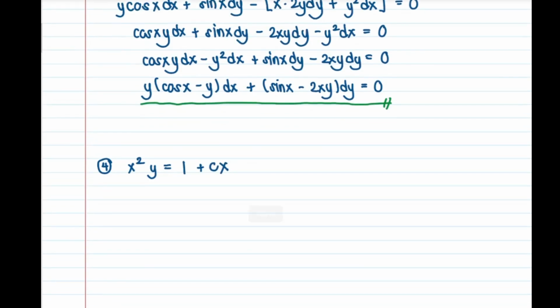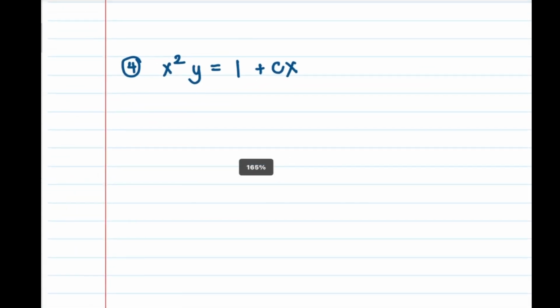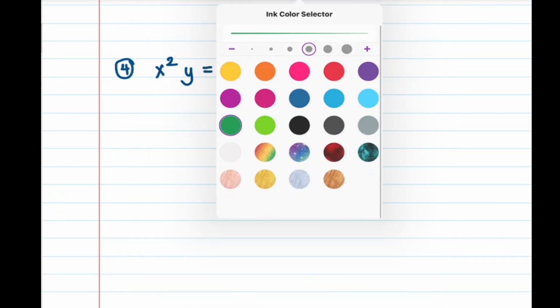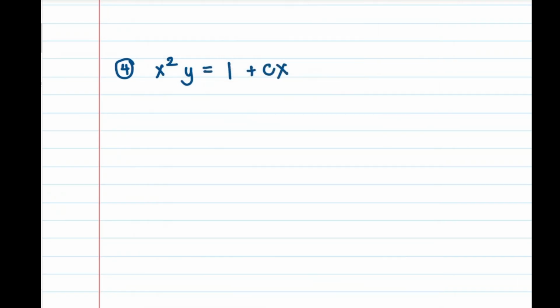Next, let's have the fourth question, which is this one. In this question, we are asked to eliminate the constant. We have the constant here. So let's have the solution. The solution here is to get the first derivative first.